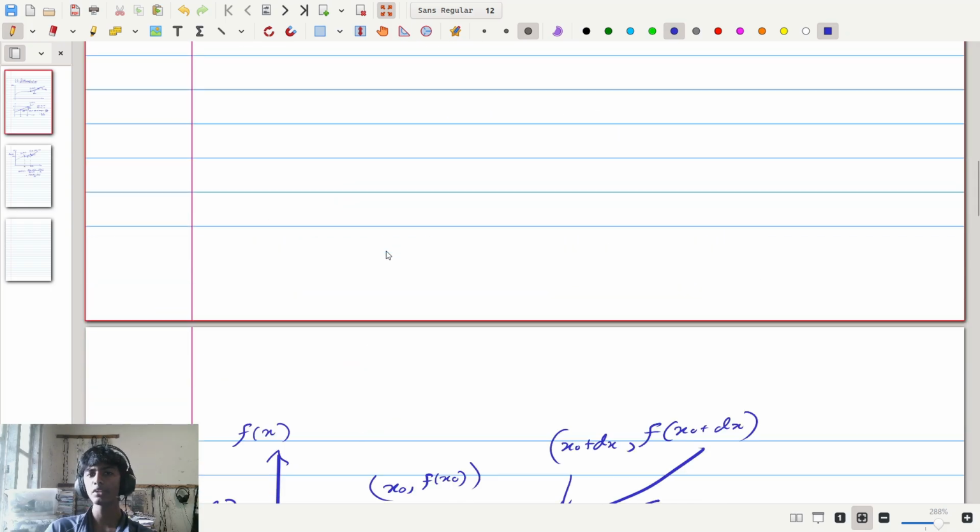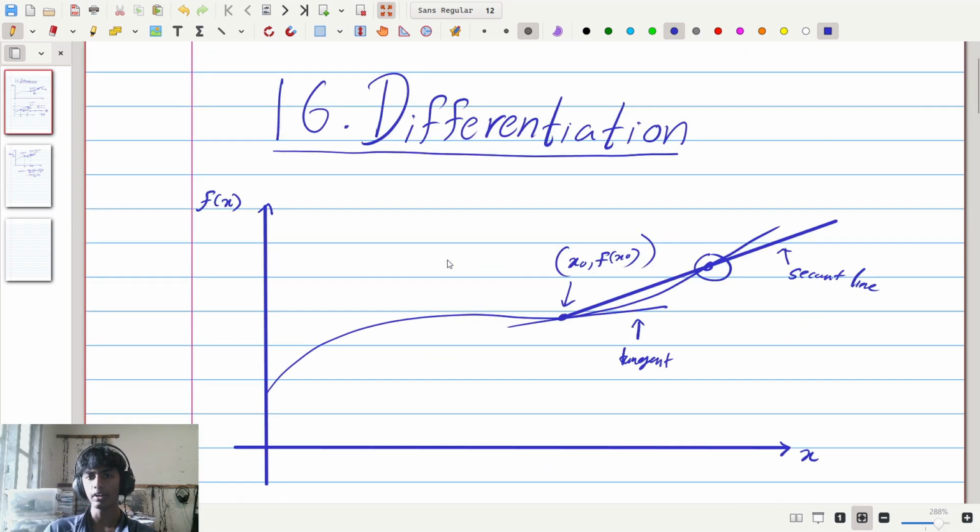Now then, as we described above, the gradient of this secant line is going to get closer and closer to the gradient of the tangent line as the horizontal distance gets lower, i.e. as this point here gets closer and closer to the point of interest over here.